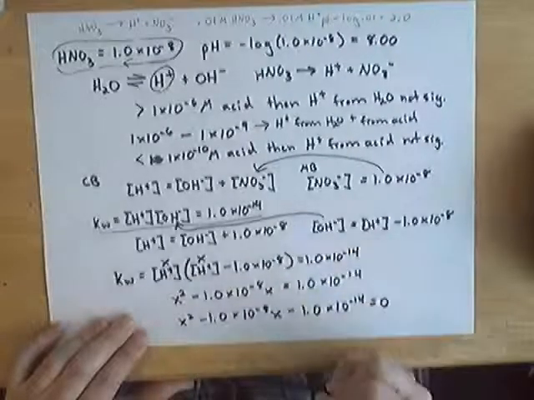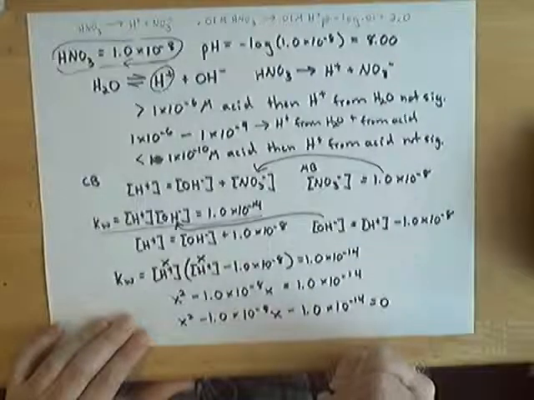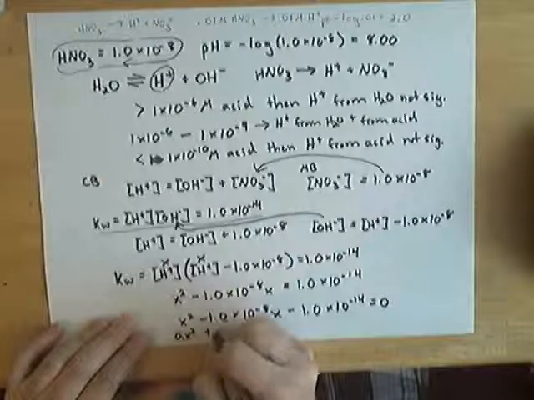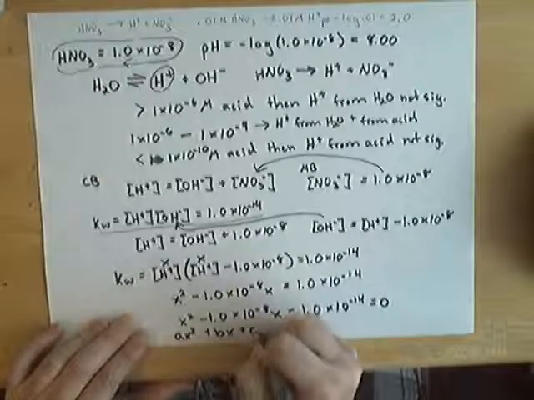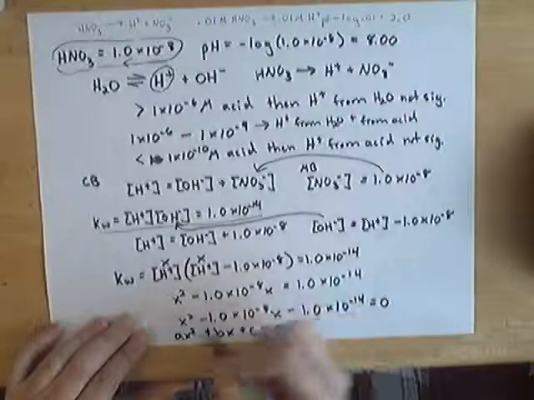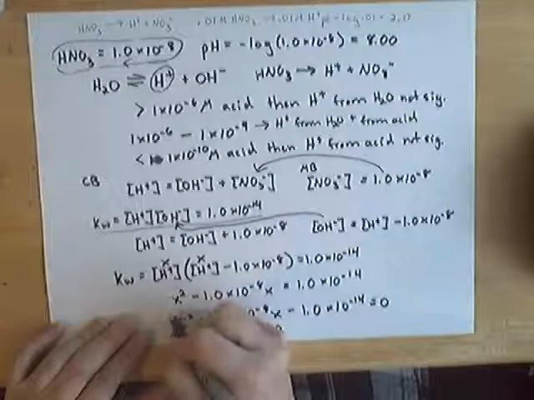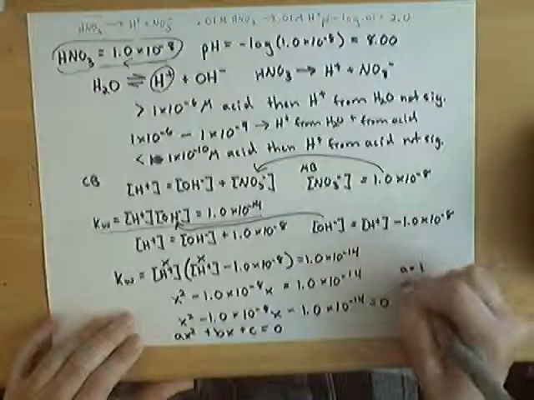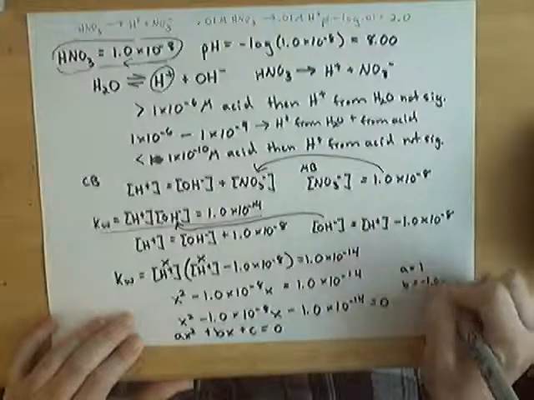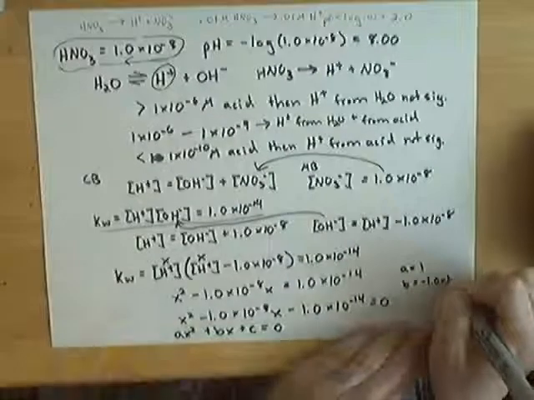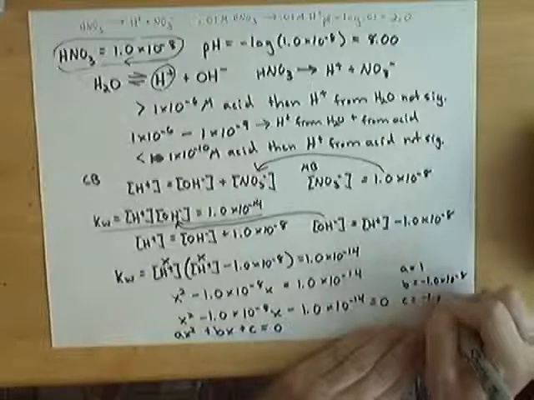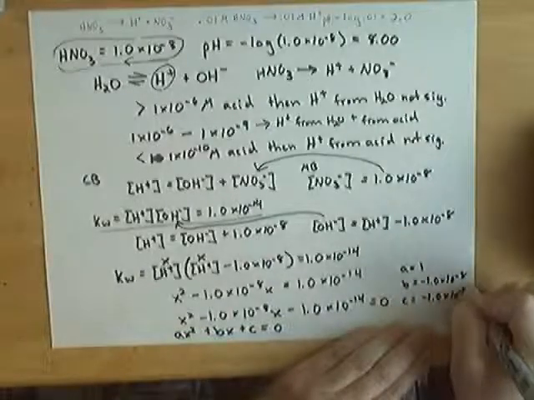You guys should recognize this as the general form of the quadratic equation, ax squared plus bx plus c equals 0. So in this case, a equals 1, b equals negative 1.0 times 10 to the negative 8th, and c equals negative 1.0 times 10 to the negative 14th.